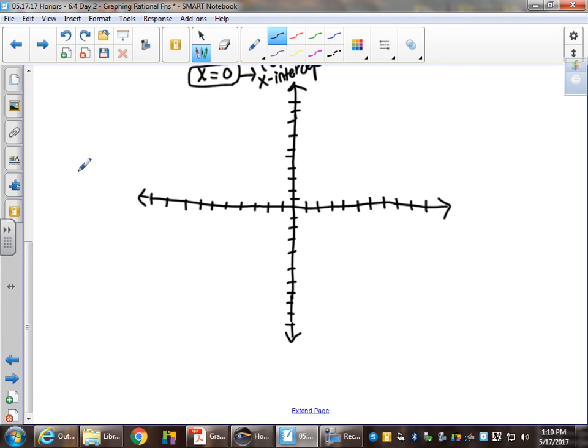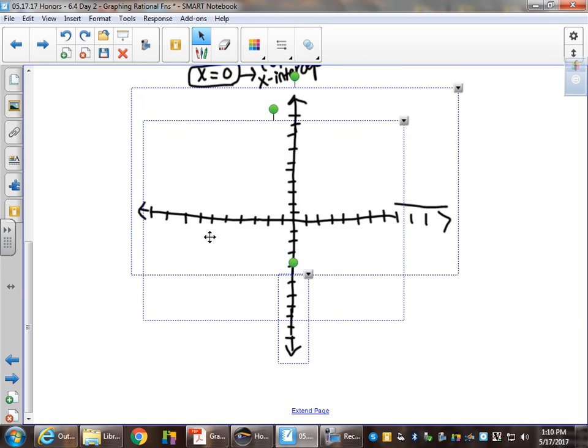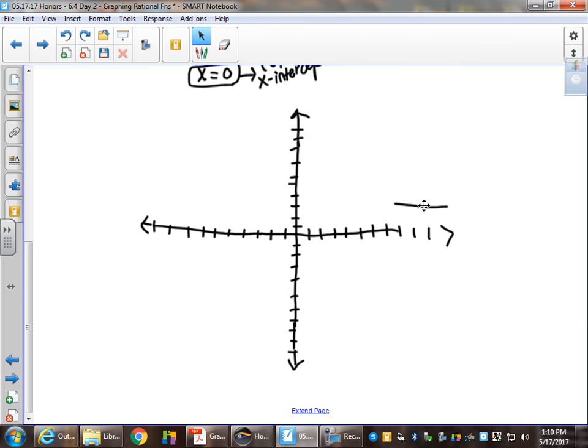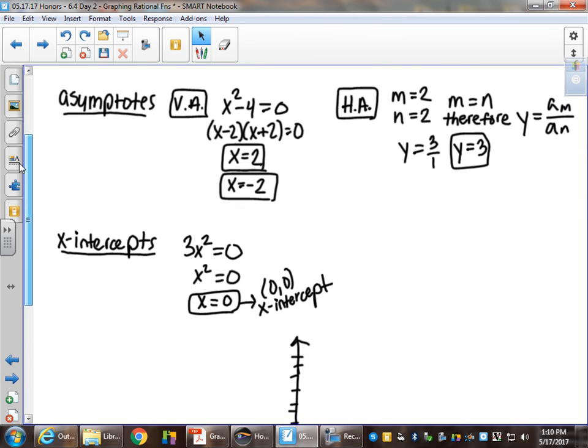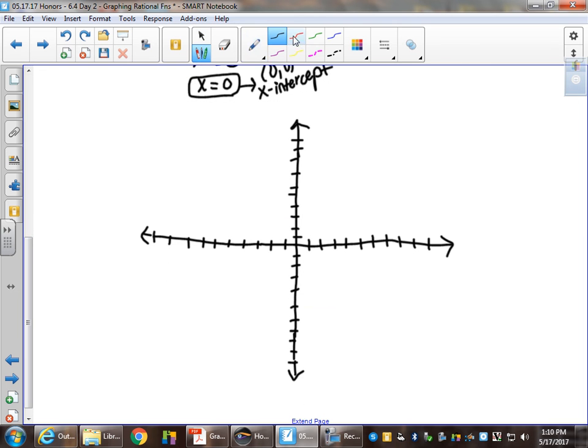Okay, let's go back up and see where our asymptotes are. So we have two vertical asymptotes at 2 and negative 2. So let me draw in my vertical asymptotes. Here's one at negative 2. And then positive 2.